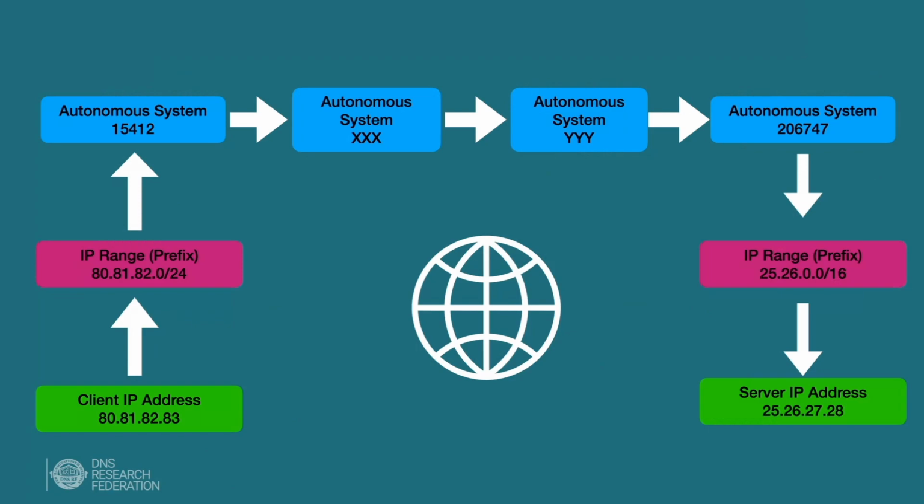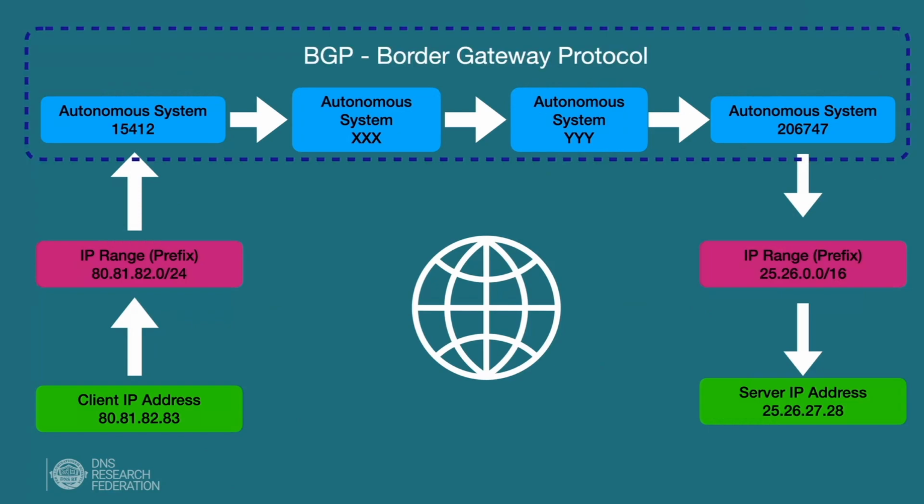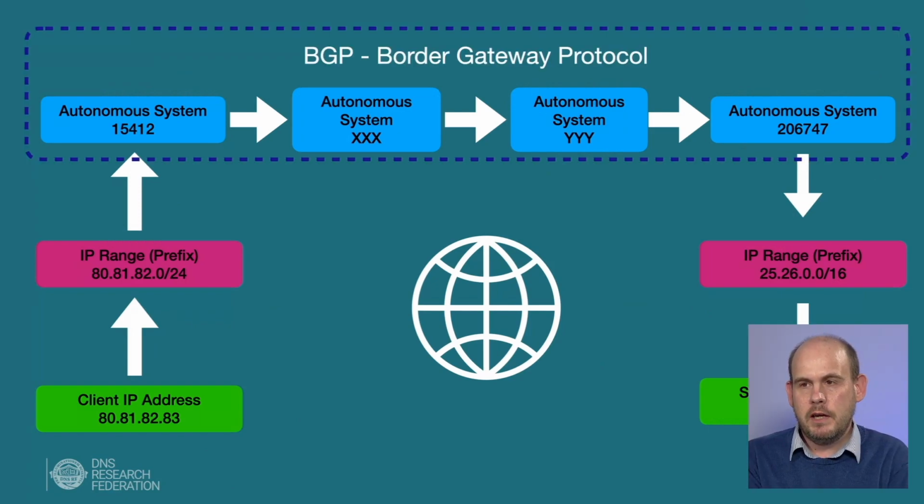And as you can see at the bottom, the IP address for the target. So in order to get to our target from our client, we go via autonomous systems at the top and back down again to an IP address. And as you can see, BGP, or the Border Gateway Protocol, is the means of communication for autonomous systems to communicate with each other. Thanks, Mark.